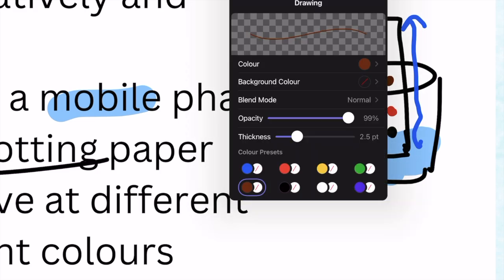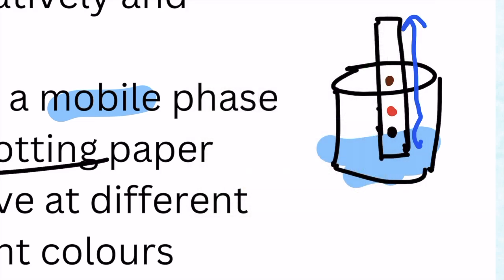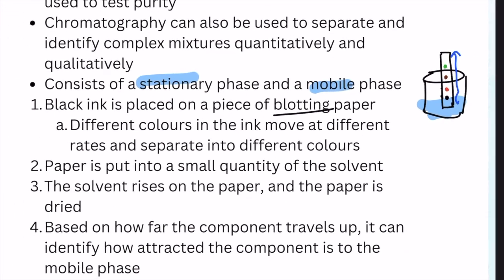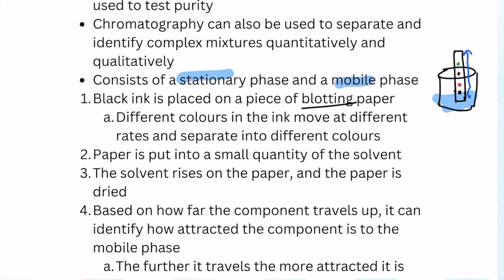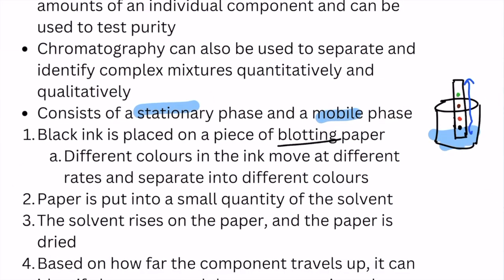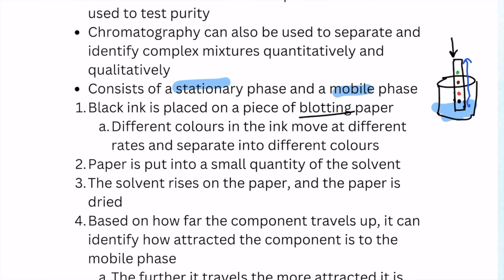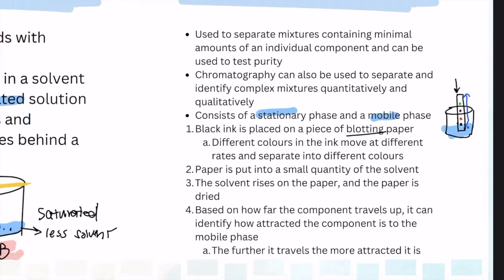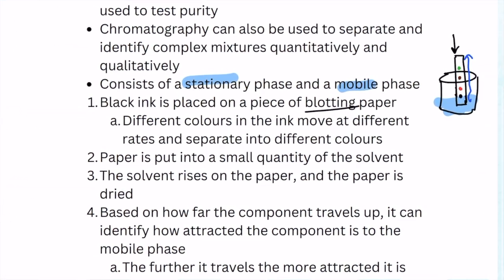When it reaches here, you'll get your brown ink. When it reaches here, you get your green ink. So something like that. The stationary phase will be the blotting paper, and the mobile phase will be the dyes. Different colors in the ink move at different rates and separate into the different colors that we see here.